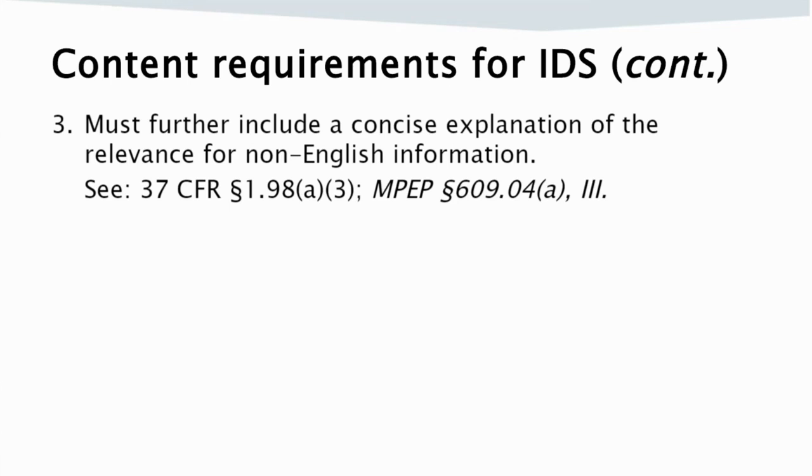The concise explanation may be either separate from the specification or part of the specification. If the concise explanation is part of the specification, the IDS listing should include the page or line numbers where the concise explanation is located in the specification.